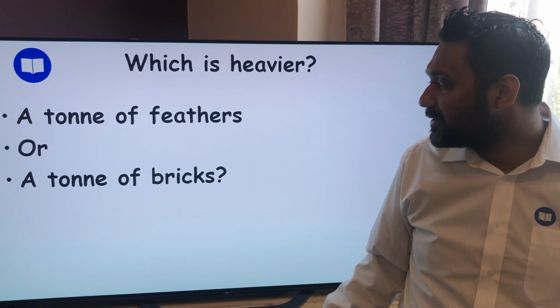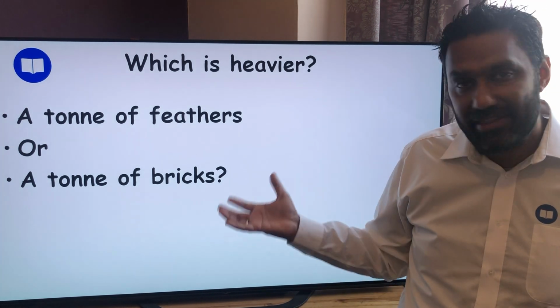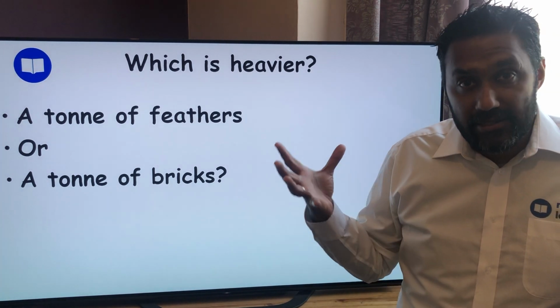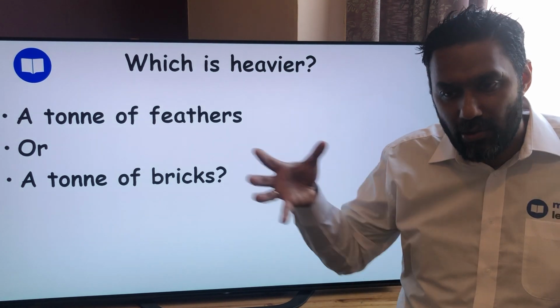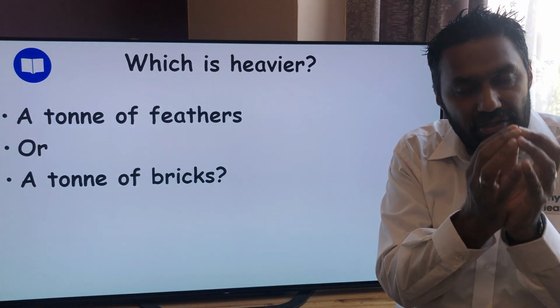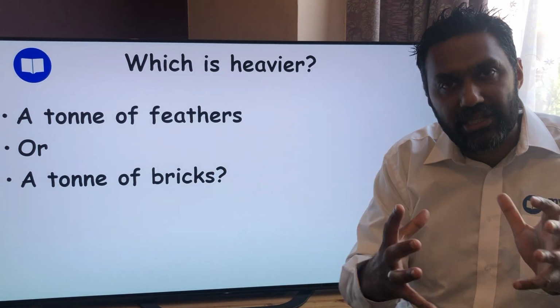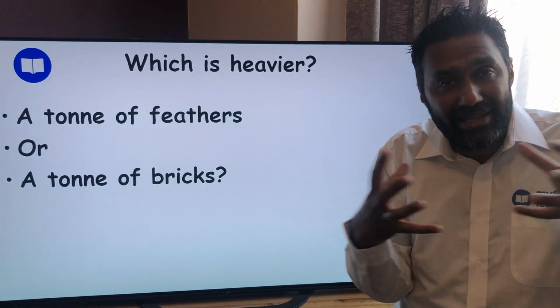Why? Because bricks are obviously more dense than feathers because bricks weigh more. So what is density? Density is about how packed or how condensed those particles are and how much individually those particles weigh, how closely they're packed together. The more closely you pack these particles together, the more dense it will be.